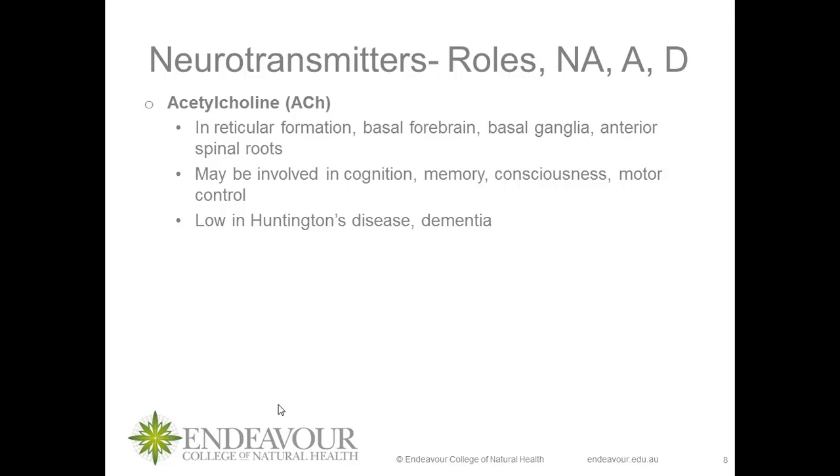Acetylcholine might be involved in cognition, memory, consciousness, and motor control. We know this from studying the diseases where we see low levels of acetylcholine. This occurs in dementia. Low ACh also occurs in Huntington's disease. So Huntington's disease shows motor control dysfunctions.